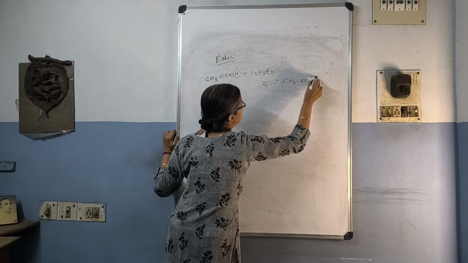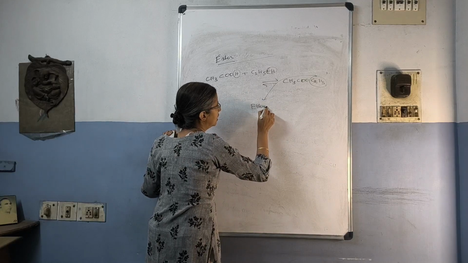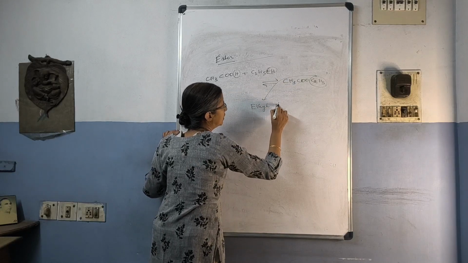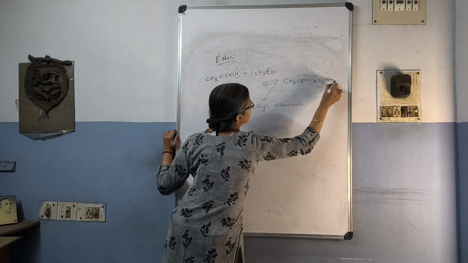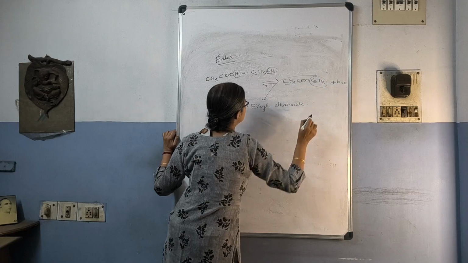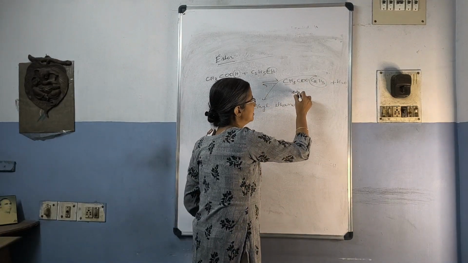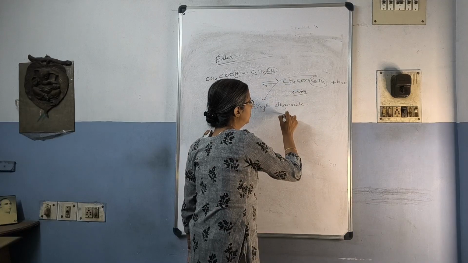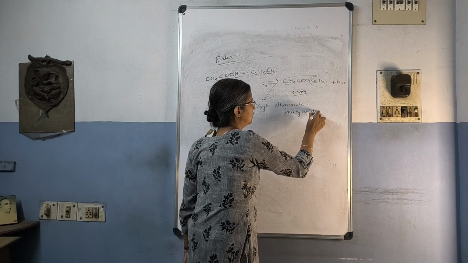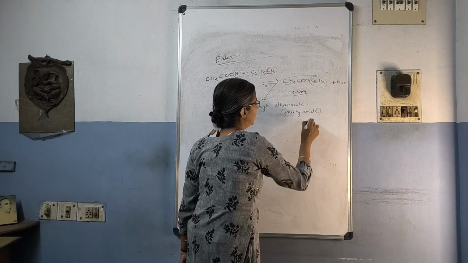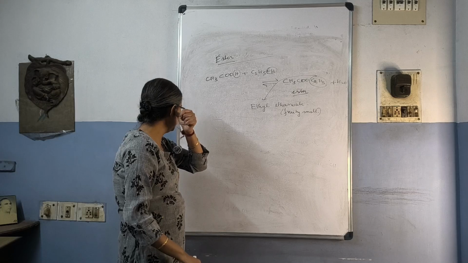Now while naming, we will take it as the first, ethyl ethanoate, plus water. This reaction is known as esterification and this compound is known as the ester. It has a fruity smell, really a very sweet smell. So this is the formation of ester.